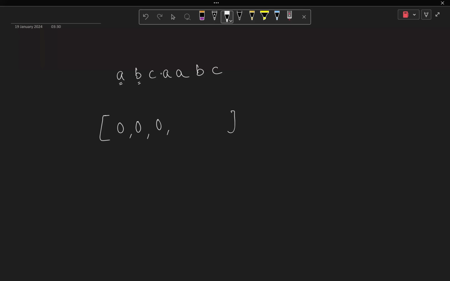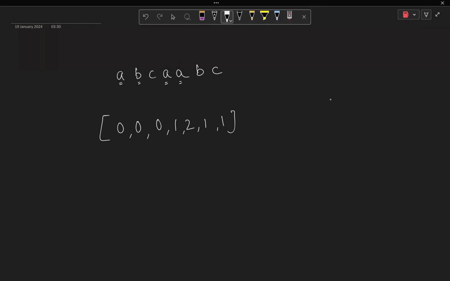Similarly for c. For this a, there is one element on the left which is equal to it, so we will have a 1 here. Then for the next a, there are two elements, this one and this one, which are equal to a, so we will have 2 here. For this b there is one, and for c also there is just one element on the left, so we will have 1, 1 there, right? This will be the trace.